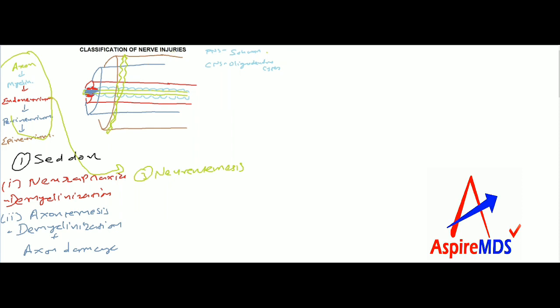Later on another classification was given by Sunderland. This second classification we have is the Sunderland classification. Sunderland gave five types of nerve injuries.